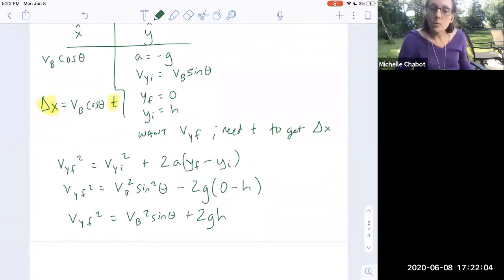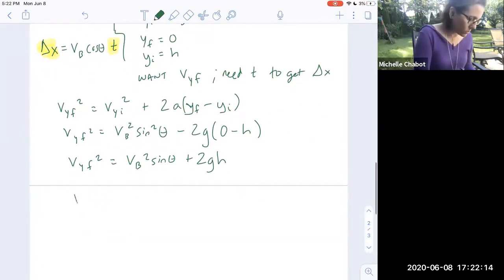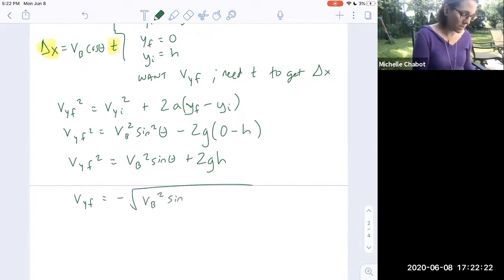When I want to take the square root of this, note that I'm going to take the negative square root because it's heading downward. My Vy final is downward, so Vy final is going to be negative, and then it'll be the square root of Vb squared sine squared theta plus 2gh.